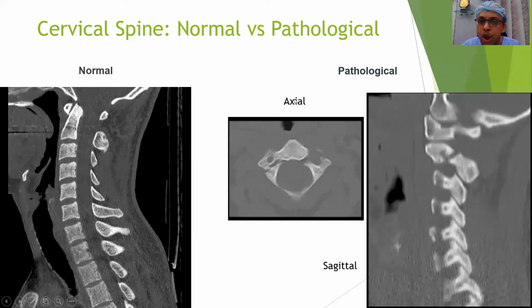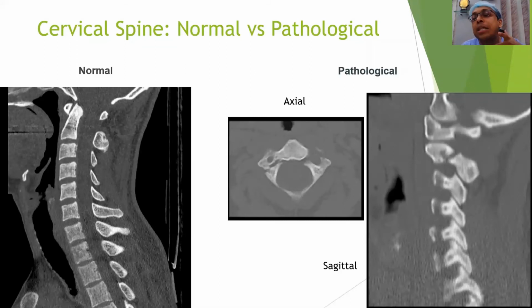Under pathological, you have axial view or transverse plane view and the sagittal view. So under here, what you can notice, look at this huge fracture on the sagittal one, and this same fracture on the axial scan. This is nothing but C1, C2. That is called hangman's fracture or C2 fracture.